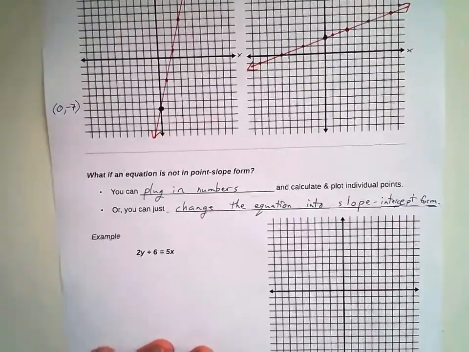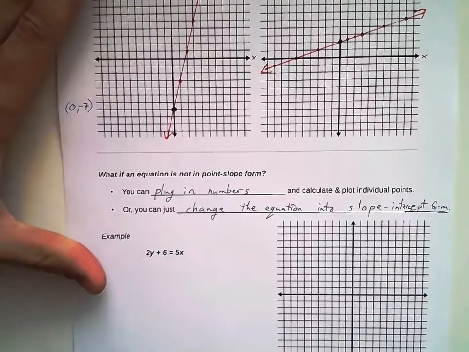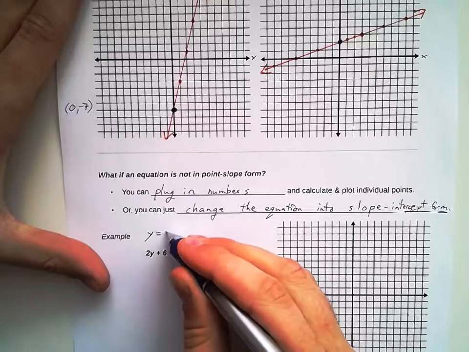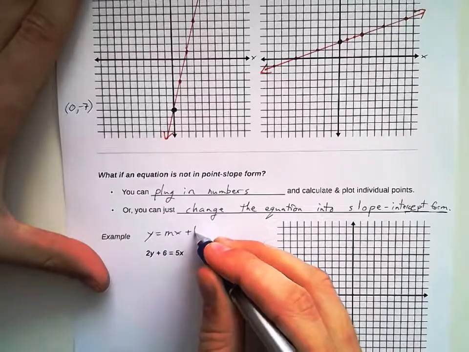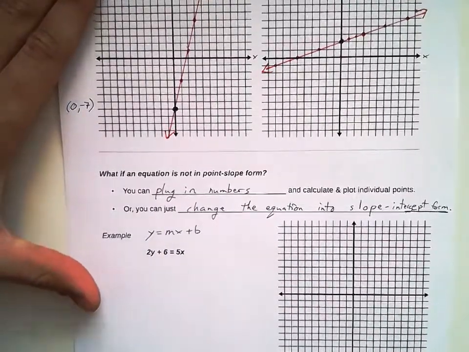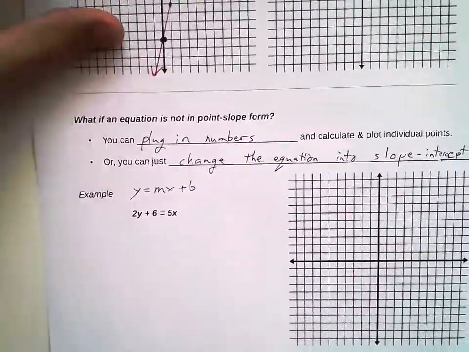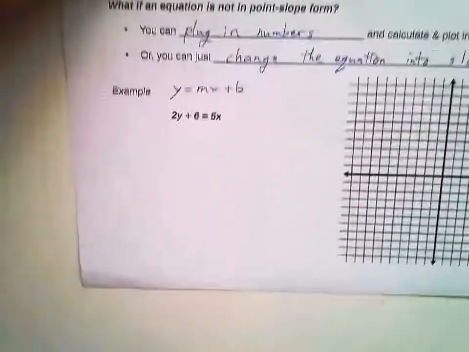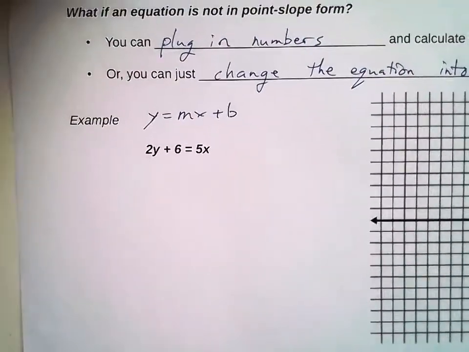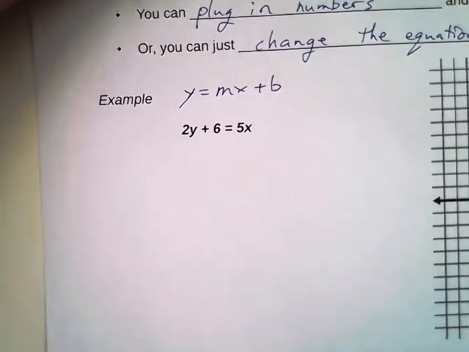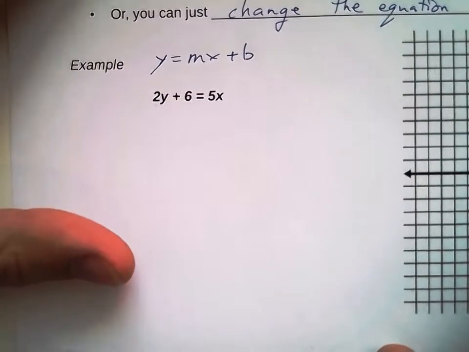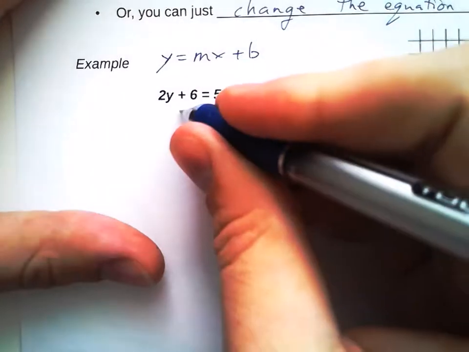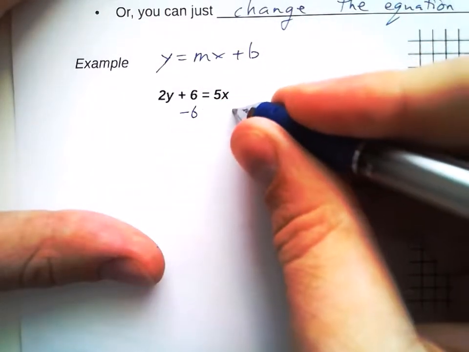Okay, so let me show you what I mean. Slope-intercept form is y equals mx plus b. So what we want to do to get this into slope-intercept form is get y all by itself. So first thing I'm going to do is subtract 6 from both sides.